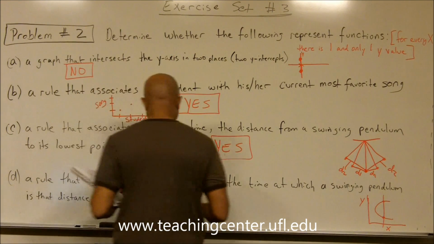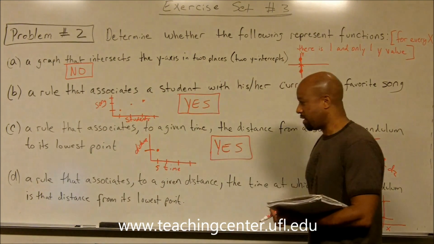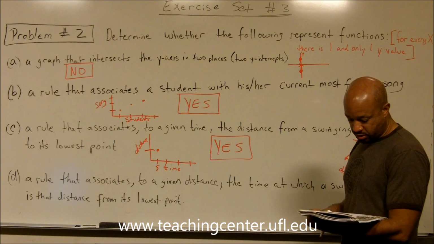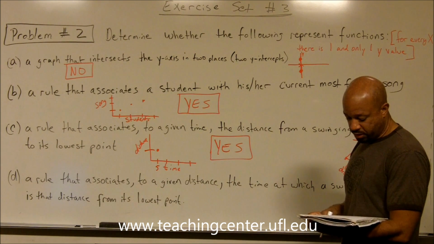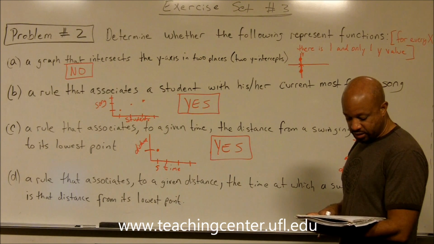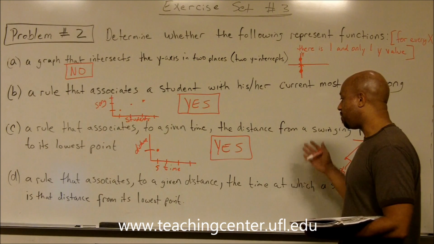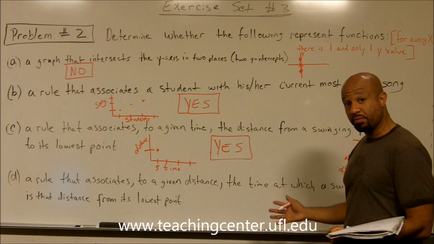The last problem states that a rule that associates to a given distance the time at which a swinging pendulum is that distance from its lowest point. So now we're associating not a time, but a distance to a time.